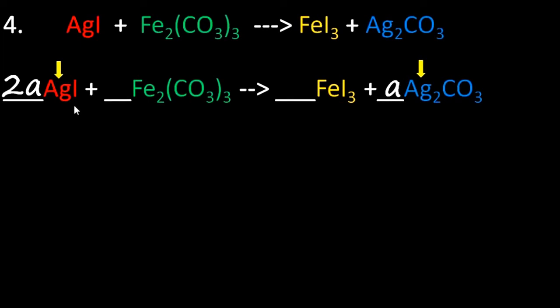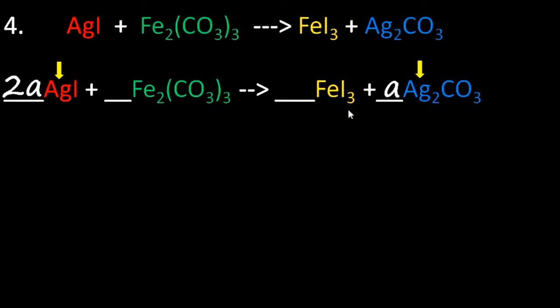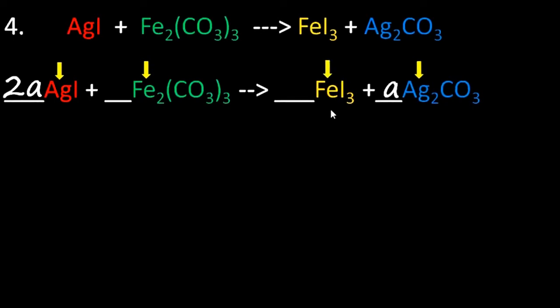Next, we can select iodine, but since we have 2A of iodine atoms at the left, we must put 2/3 A here, so that 2/3 A times 3 is equal to 2A. But we don't need to deal with fractions, so we will skip iodine and use iron instead. We can select iron here and iron here.